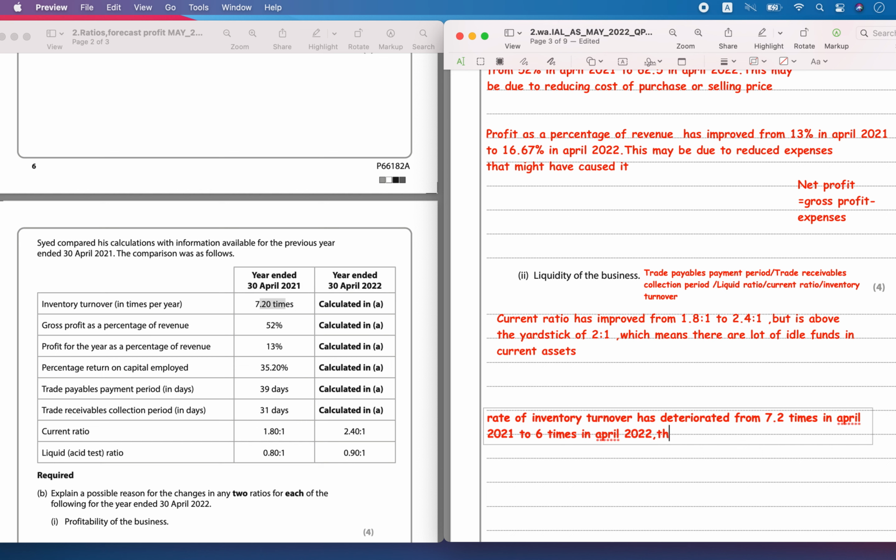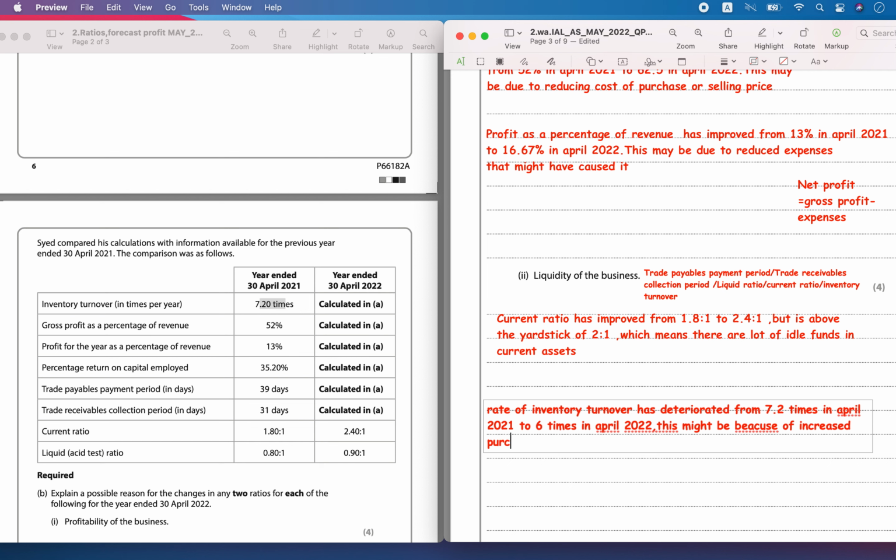You can suggest this might be because of increased purchase in inventory. There must be more inventory that was purchased by the end of the period.